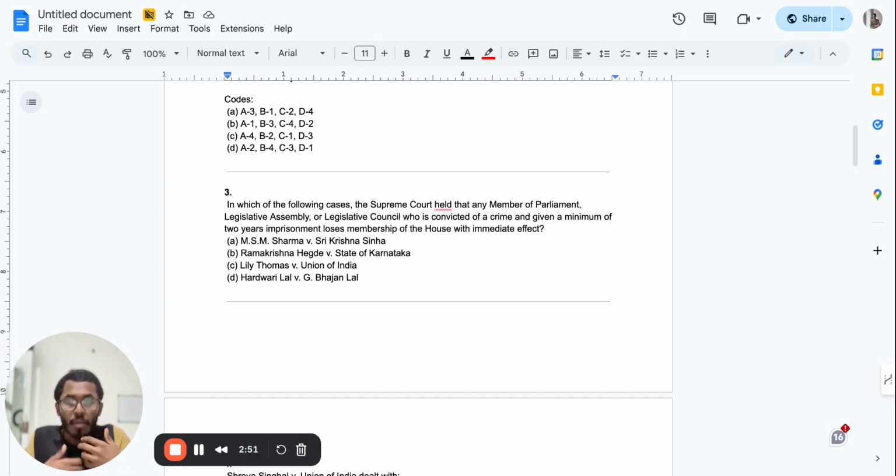That basically means, if I'm a member of parliament, or hold a seat in a legislative assembly or legislative council, and I have been convicted of a crime with imprisonment of 2 years, then I will lose my membership in the house. It was decided in the case of Lily Thomas versus the Union of India. Very important case. Remember this.